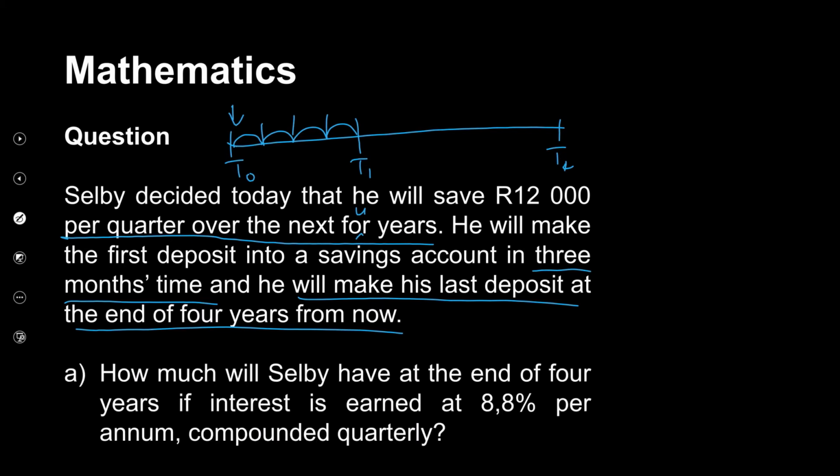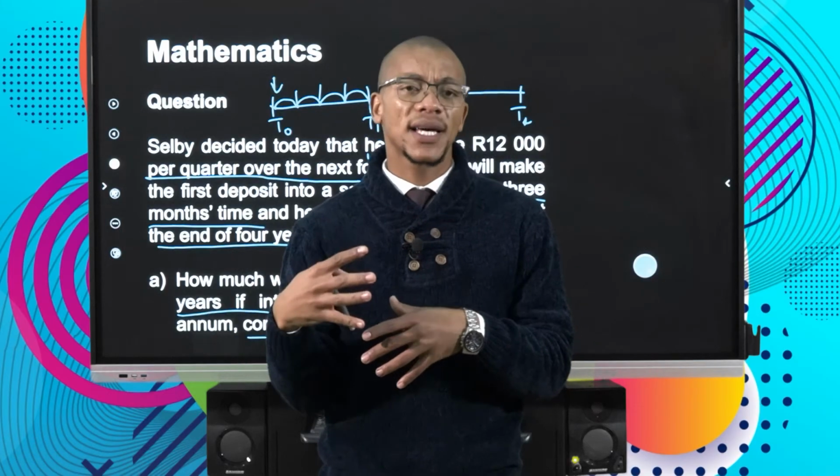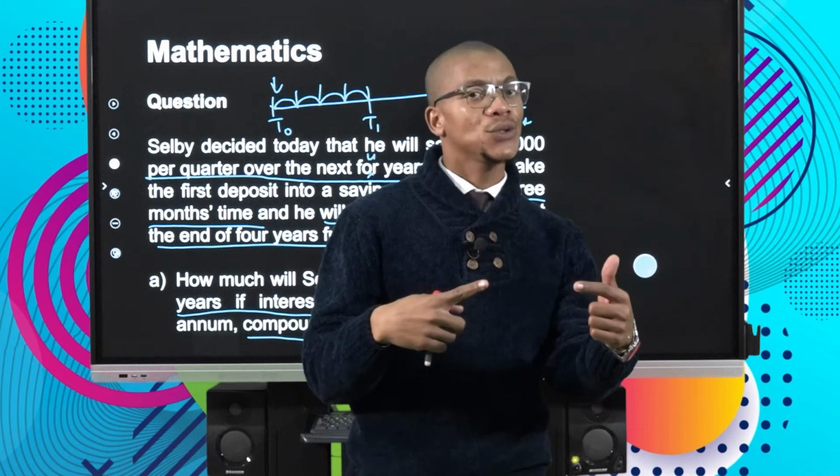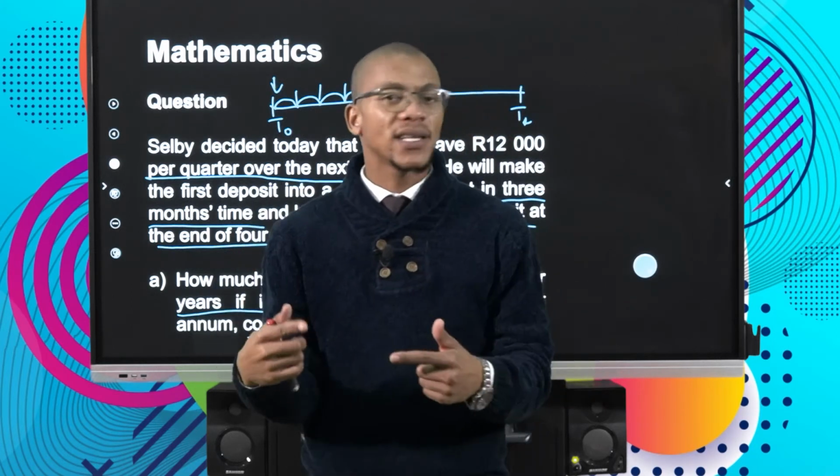Now, what we are required to do is: how much will Selby have at the end of 4 years if interest is earned at 8.8% per annum compounded quarterly? What I want you to understand about this question is there is no way that this person will be making quarterly payments, but the interest is charged on a monthly basis.